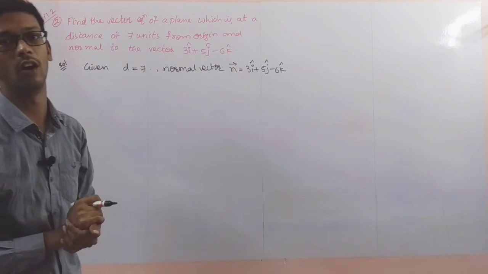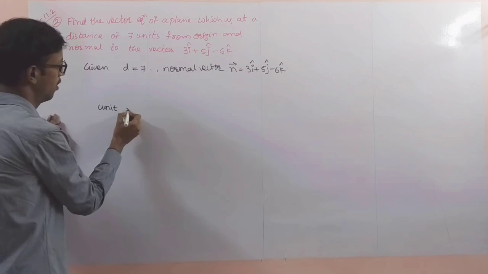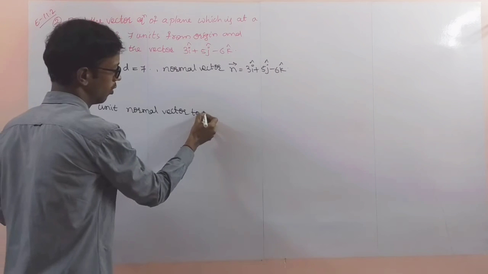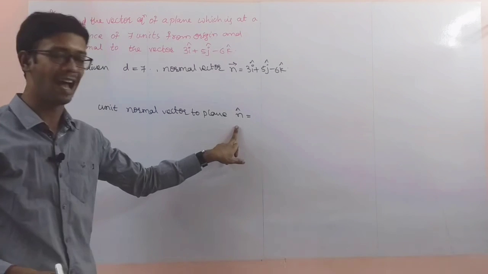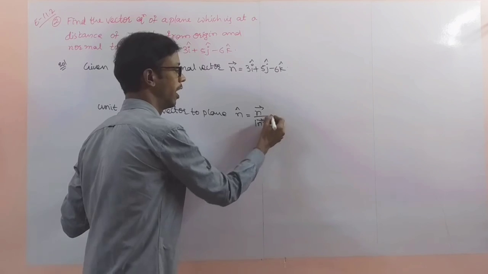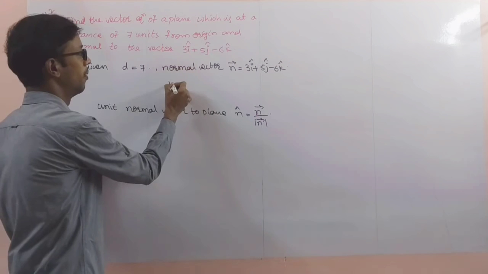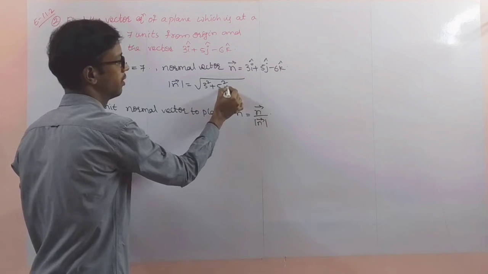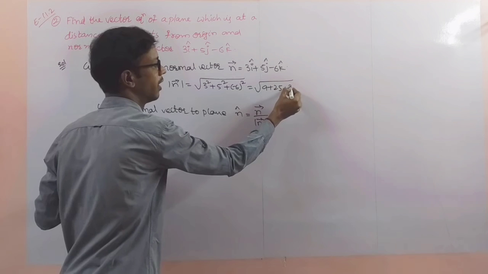This is a normal vector. We have to find the unit normal vector to the plane, which is n cap. n bar is different, n cap is different. n cap is equal to n bar by magnitude of n bar. Here magnitude of n bar equal to square root of 3 square plus 5 square plus minus 6 whole square, that is 9 plus 25 plus 36.